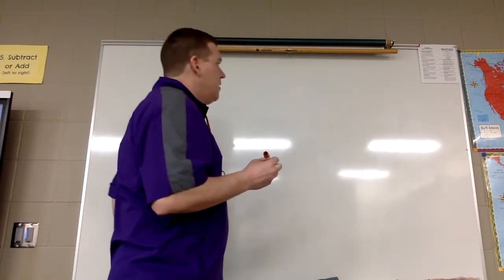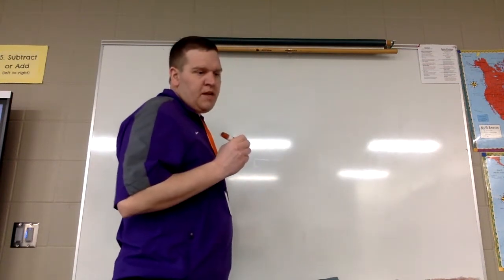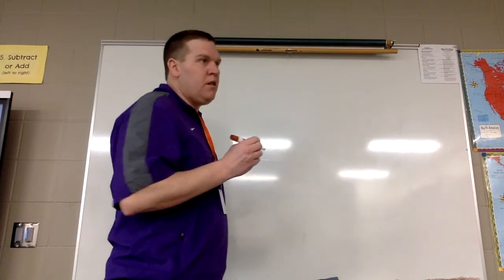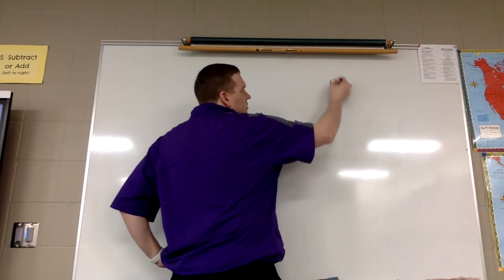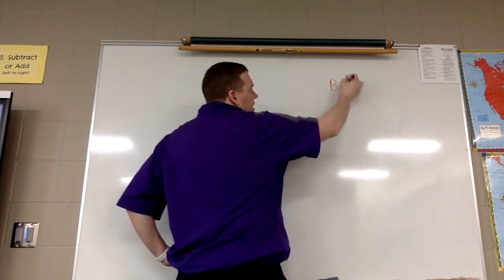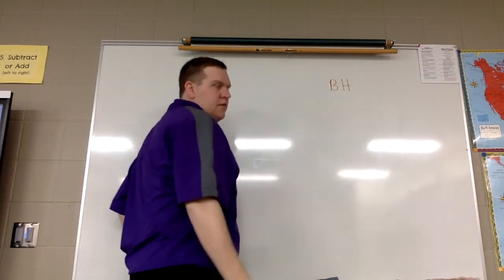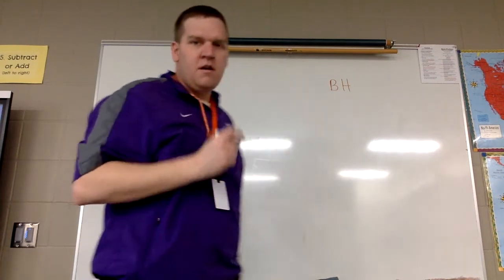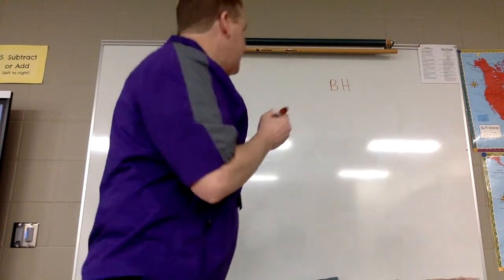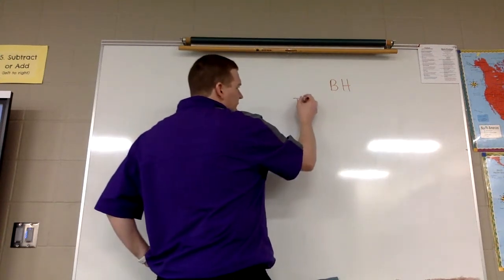If you will remember, when we talked about finding the area of a parallelogram, the formula we used was to take the base and multiply it by the height. Okay. Then when we added to that, we went to a triangle.